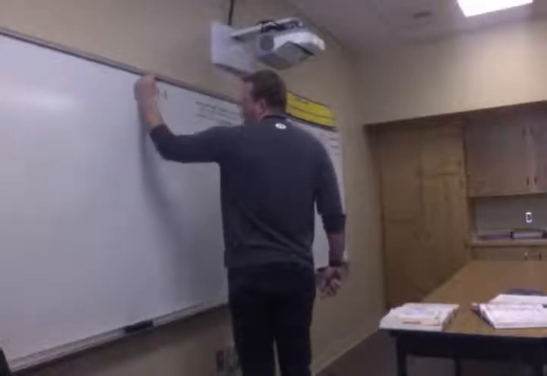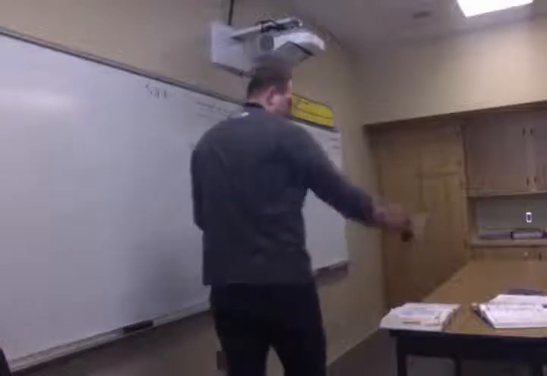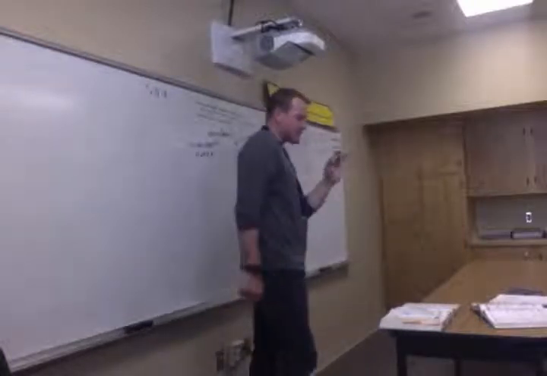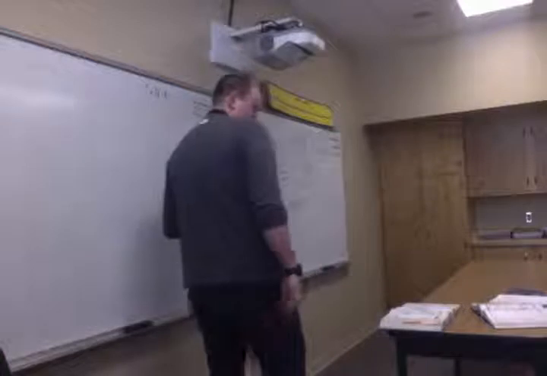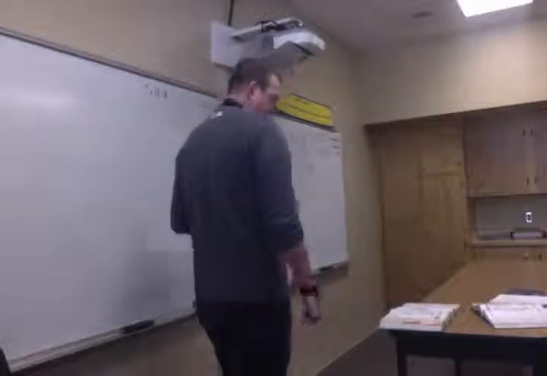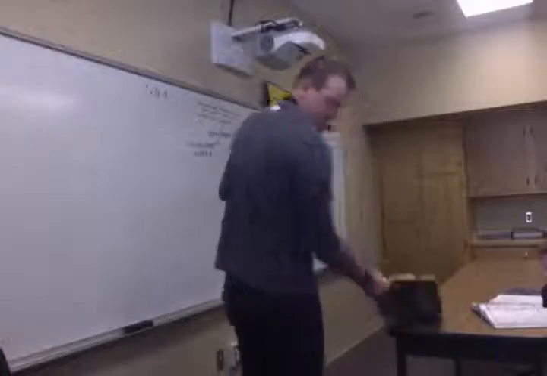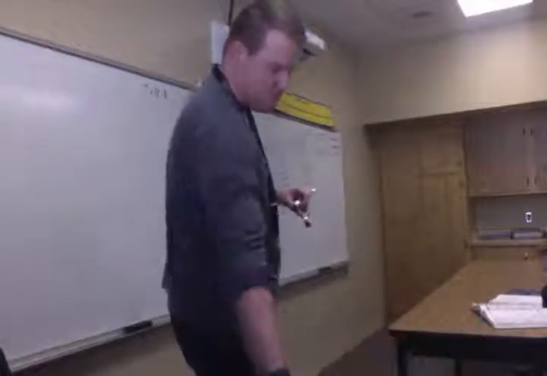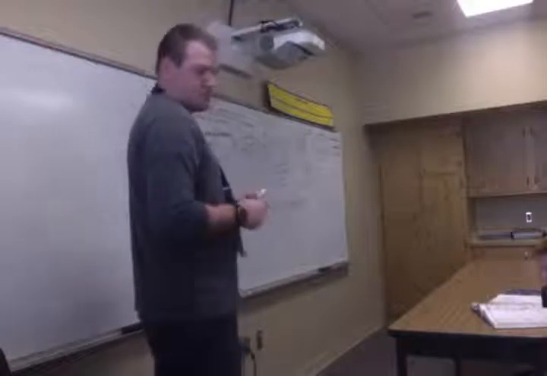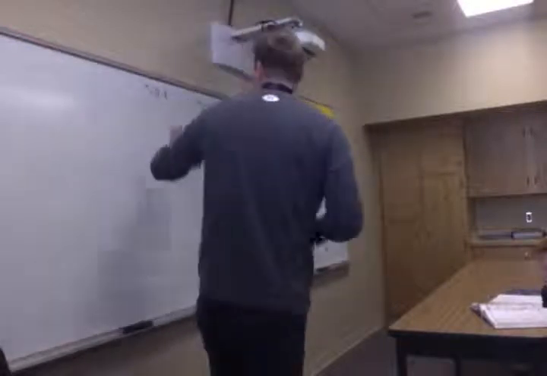All right? When we read our problem, what does our problem tell us? In example 2, what does our problem tell us? What information can we plug into this that we read from our problem?